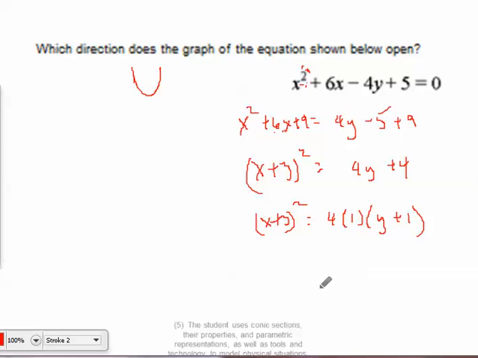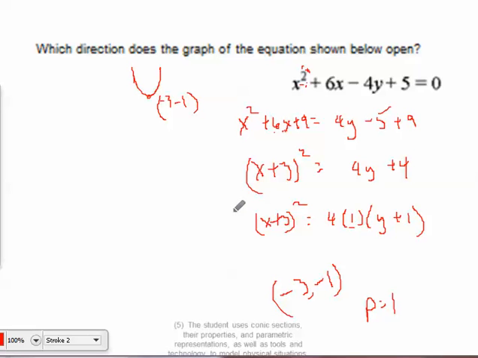That means my vertex is going to be located at minus 3, minus 1. My value here for the p is equal to 1. That means it's going to open upward like this. So this point right here is at minus 3, minus 1.